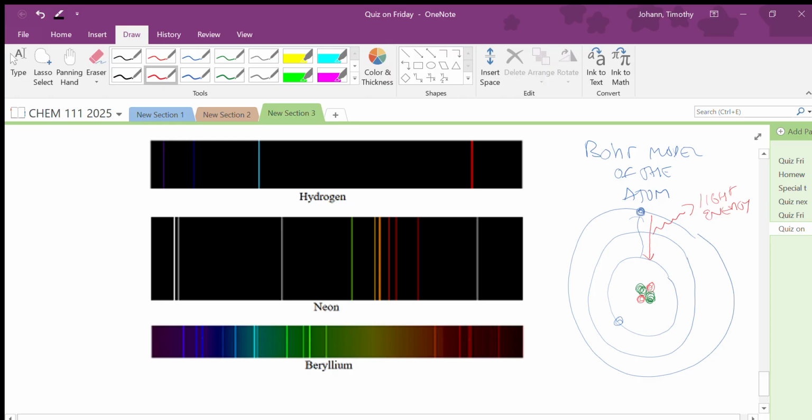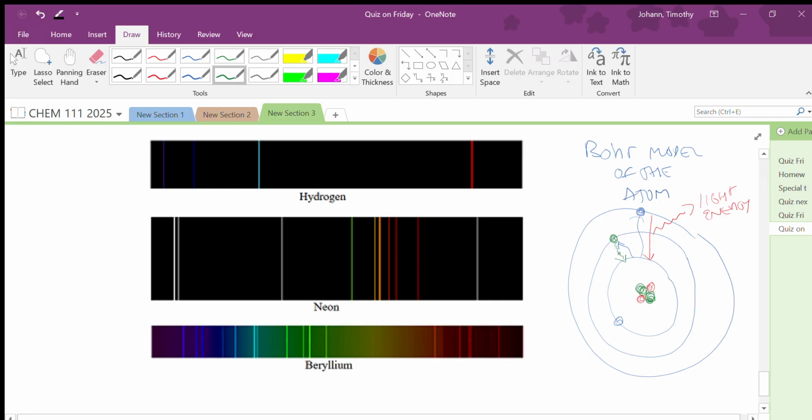Okay? And it could also get excited and get bumped up. Imagine this guy gets instead bumped up to here. It can then come, actually, let me do that in blue. But then when it comes back down, it can come back down to here.